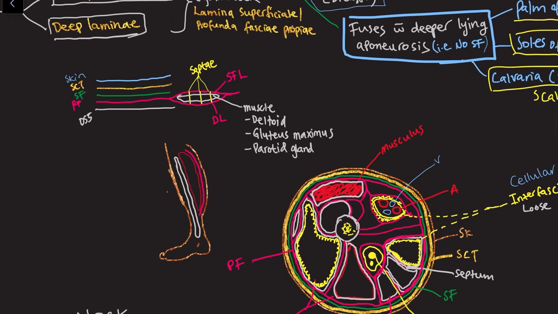And we said the proper fascia divides into the superficial fascial lamina and the deeper lamina, right? Deep lamina.